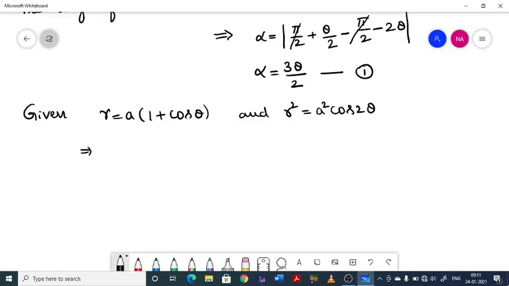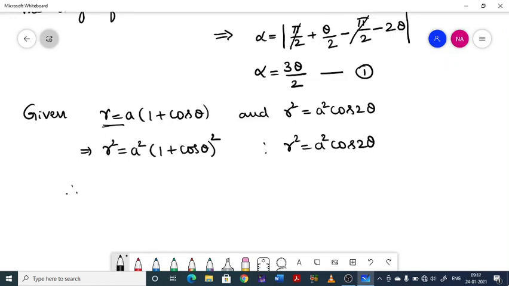So from this we can write, squaring both sides of this equation, we get r square equal to a square times 1 plus cos theta whole square, and as usual we have r square equal to a square cos 2 theta, right? Now looking at these equations, the left hand sides are the same, so you can write a square times 1 plus cos theta whole square equal to a square cos 2 theta.